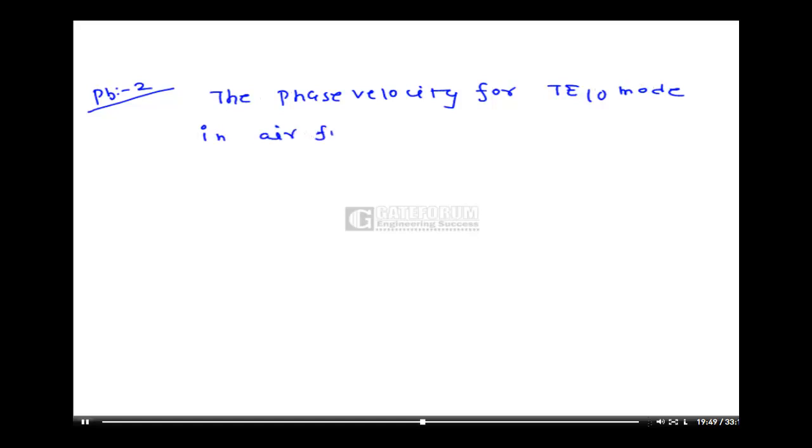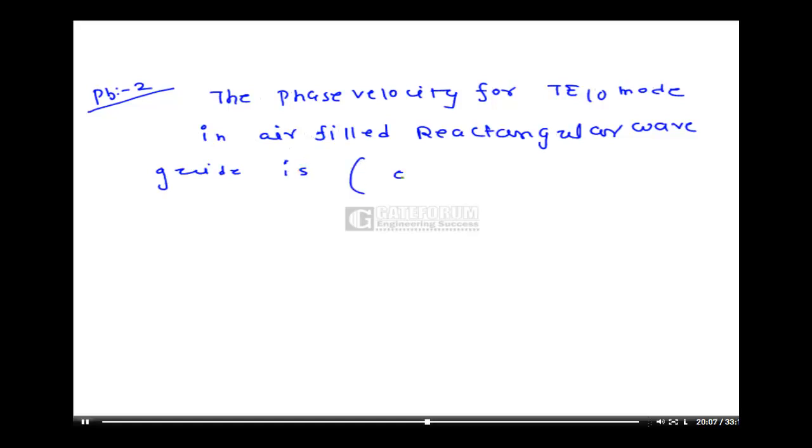Next problem is: the phase velocity for TE10 mode in an air-filled rectangular waveguide is, where c is the velocity of plane wave in free space.